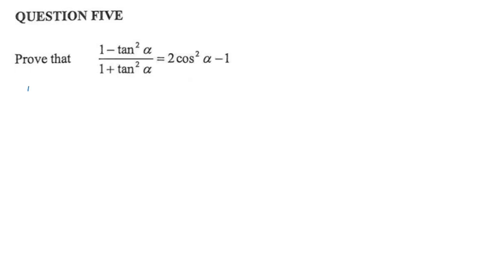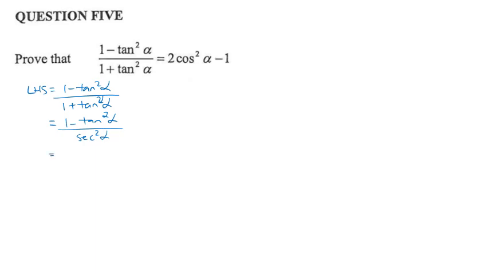Okay, so this one here stumped me for a while. I didn't have my formula sheet on me, because if I had, it would have told me that denominator is actually sec squared alpha.